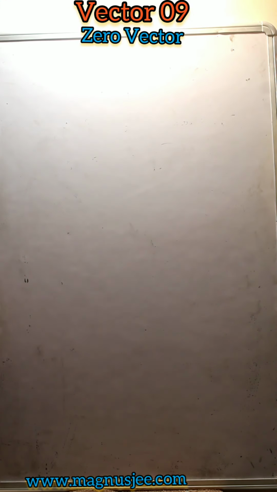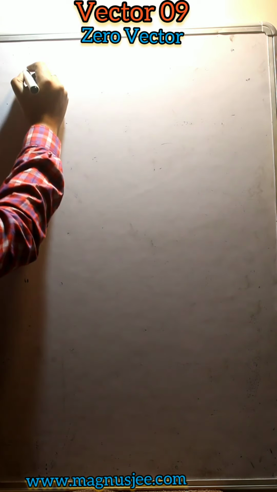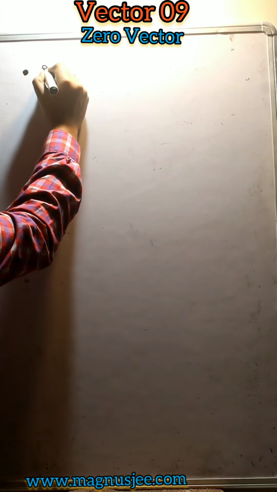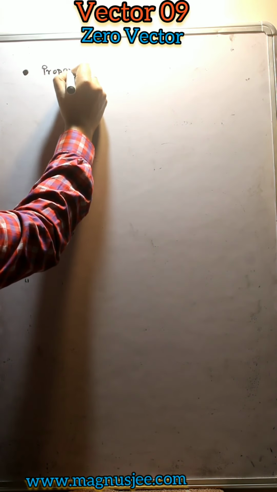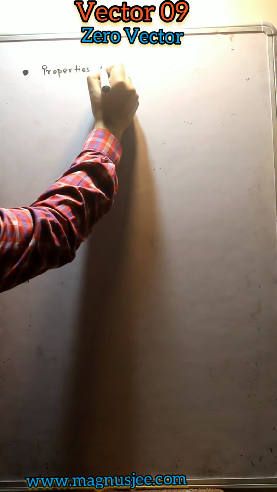Then what are the different properties of null vector or zero vector? That is, we have to know. Properties of zero vector.